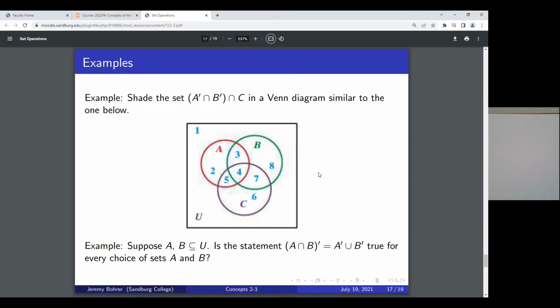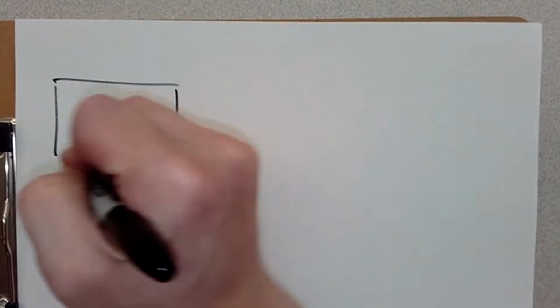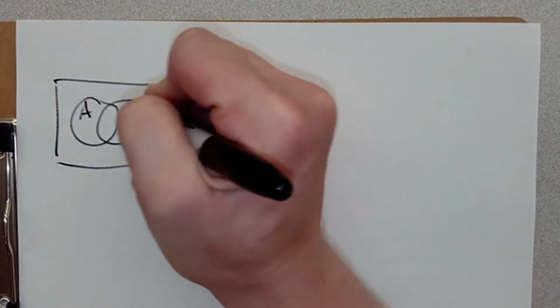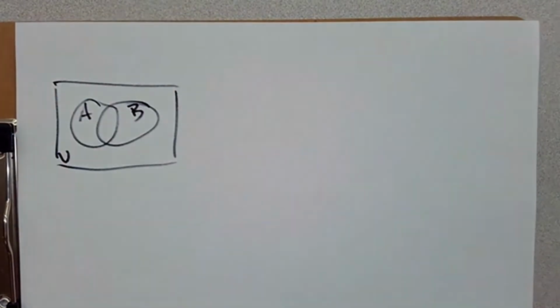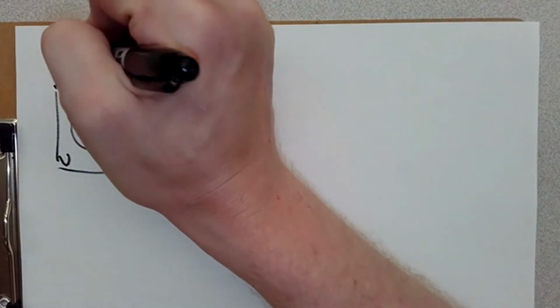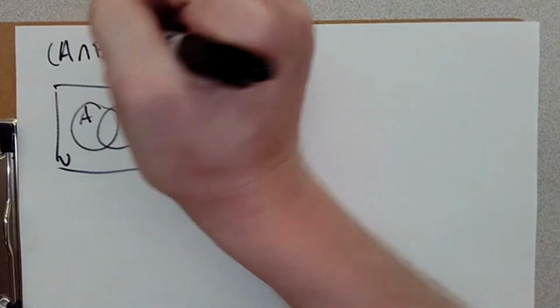And the way we do this is just to draw the Venn diagrams. Okay, so here's A, B, U, and we're looking for A intersect B, complemented.